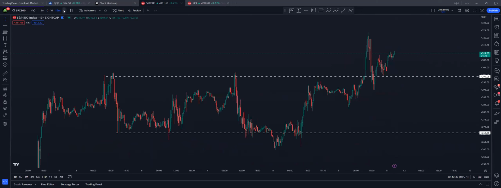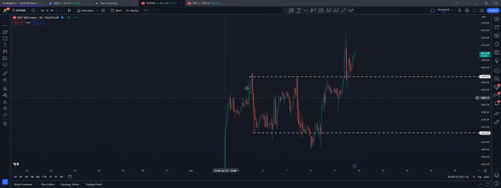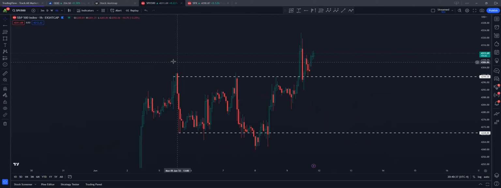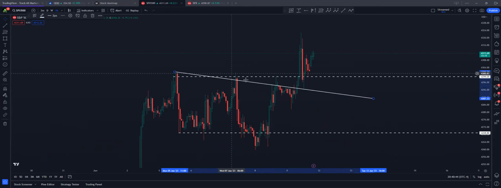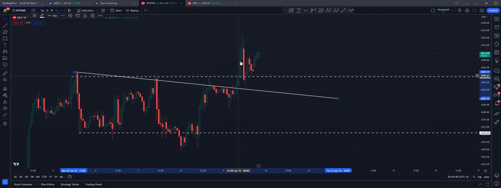Well, if you go into the hourly chart, because you have to look at many time frames, you see what could be a channel, a trend that was keeping the price down, that was broken. And furthermore, we had a cup and handle.